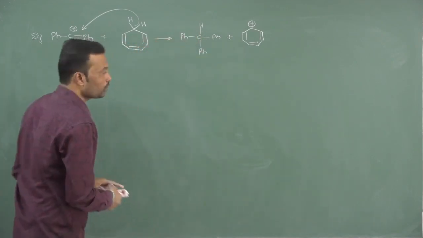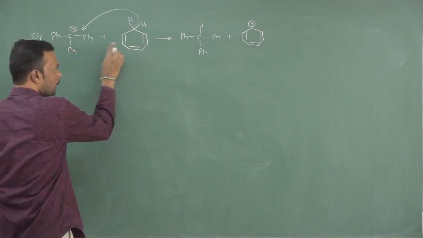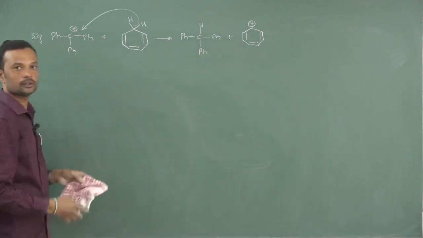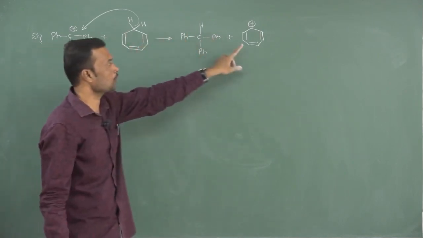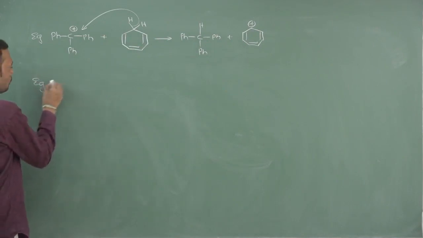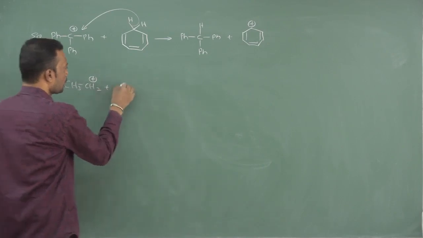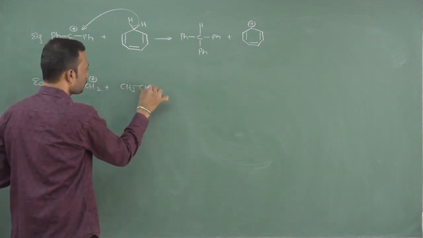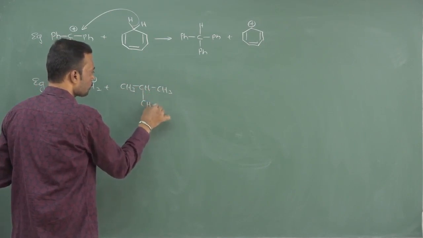This is possible only when the initially used carbocation is unstable compared to the formed carbocation. So, the reactant carbocation should be less stable than the formed carbocation, then only this kind of reaction is possible. Suppose, see, I take an ethyl carbocation connected to, now here hydrogen is connected to one more, this one.